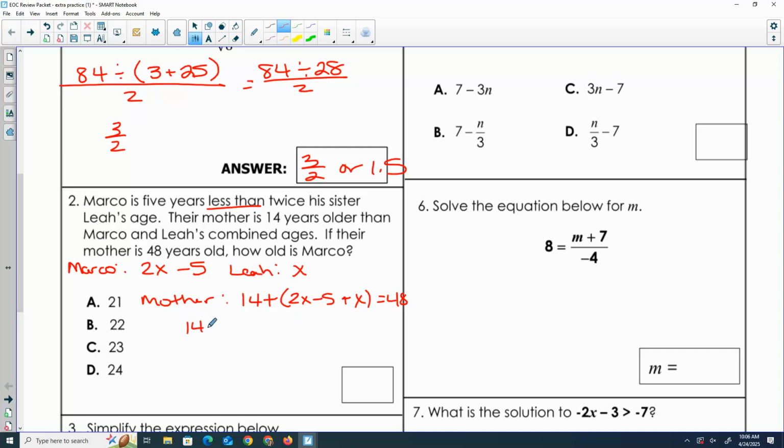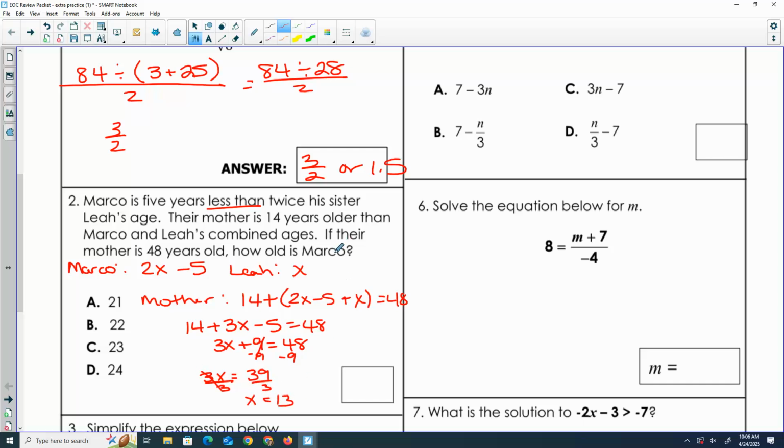So you get 14 plus 3x minus 5 equals 48. 14 minus 5 is 9. We subtract that over. Divide by 3. And x is 13.